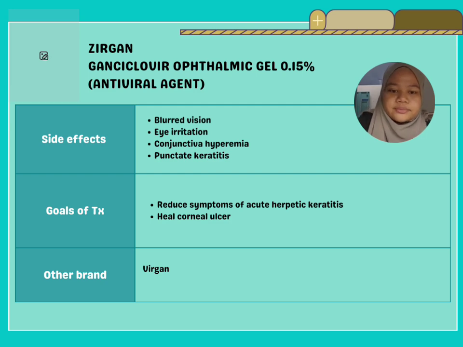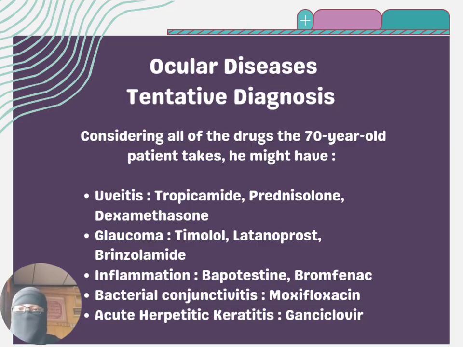Thank you. Okay, lastly, for the tentative diagnosis, considering all of the drugs taken by the 70-year-old patient, he might have, first, uveitis, as he consumes tropicamide, prednisolone, and dexamethasone; number 2 is glaucoma, as he is taking timolol, latanoprost, and brinzolamide.